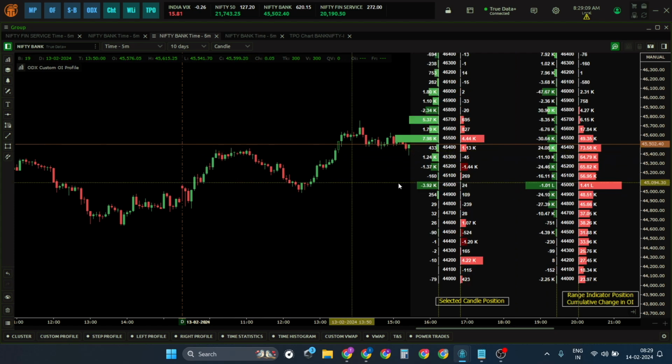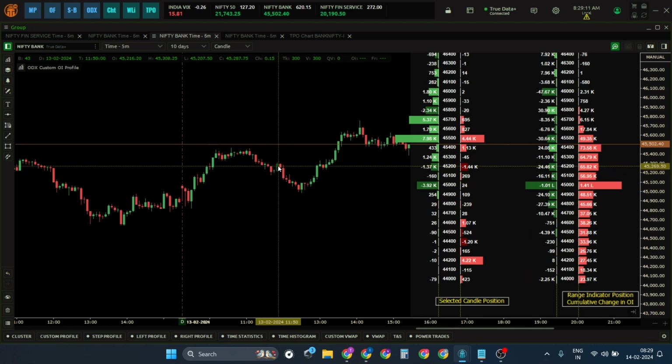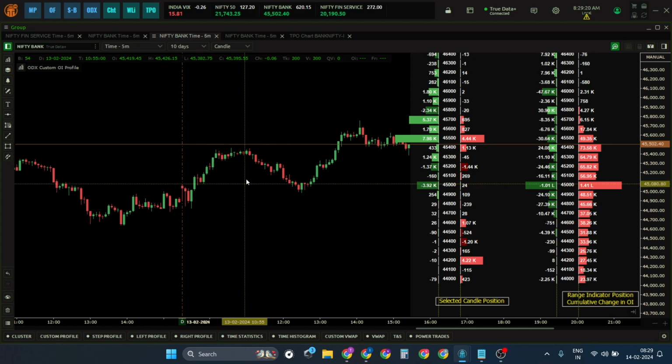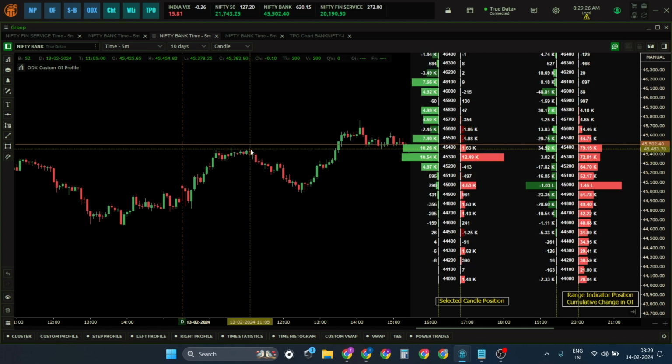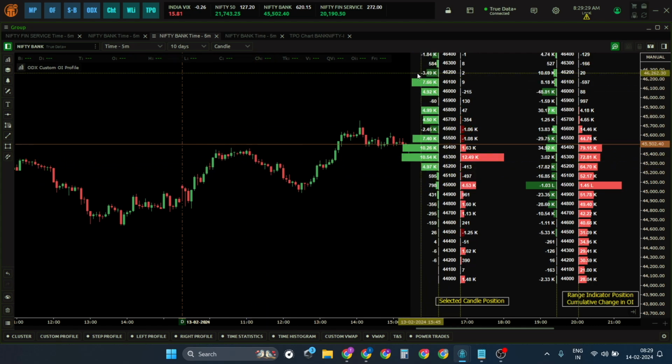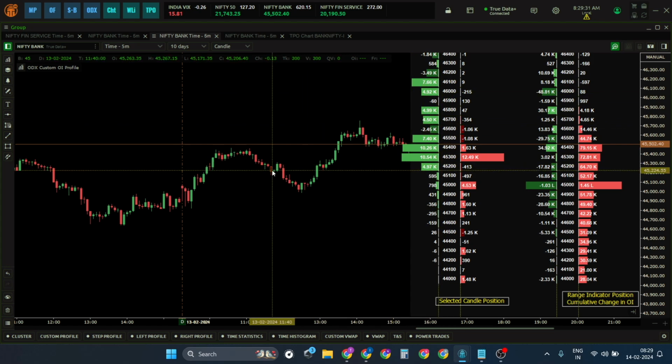Even in this red candle, if you see, 45,000 is still strong. Now let's see in this fall, it still remains the same. Now if I click on 45,000, it is still 1.4. And you can see in this particular stretch, when the market is falling, call writers are coming back. You can clearly see that.